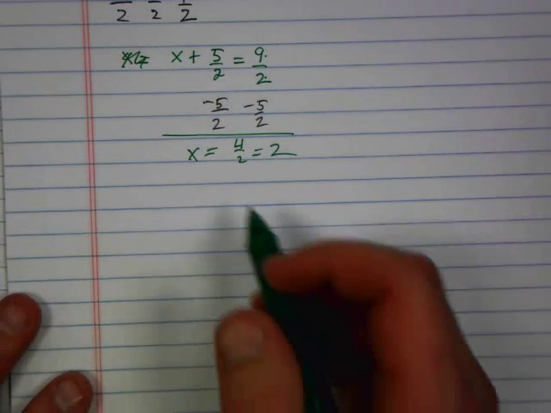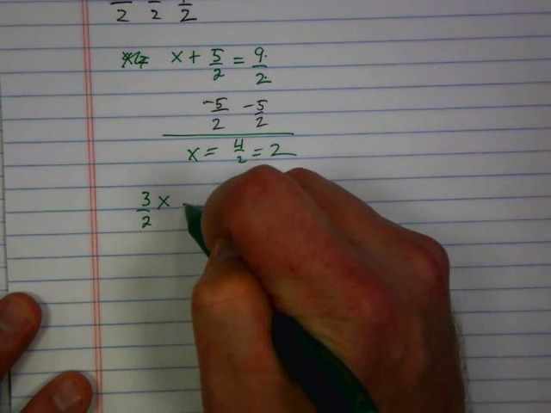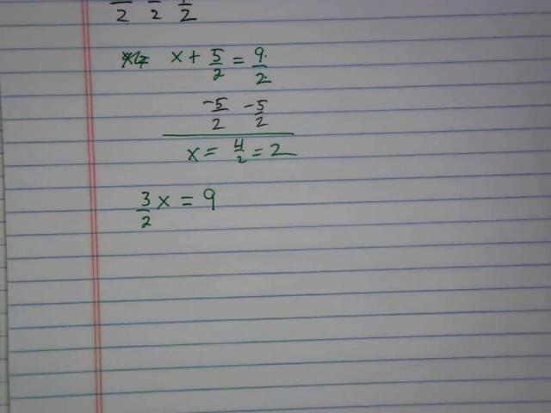Well, now sometimes you can avoid fractions, though, because sometimes you have things like 3 halves x equals 9. Multiply by 2/3. Why do you multiply by 2/3? Do what you do on one side to the other.